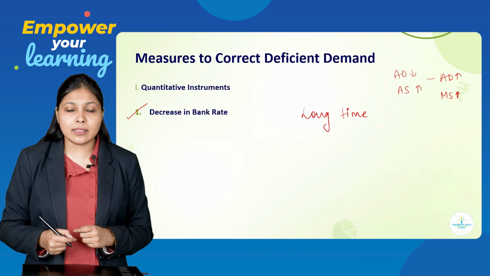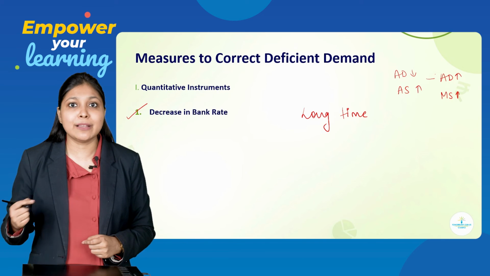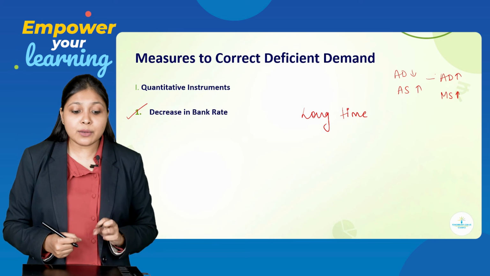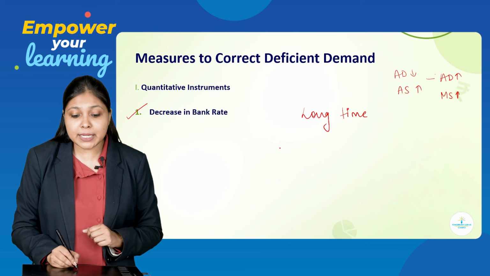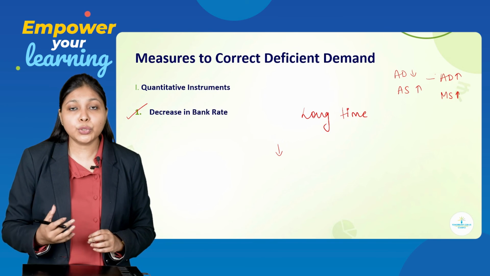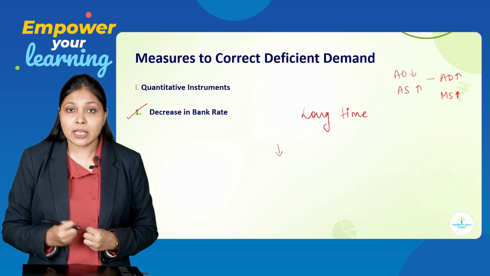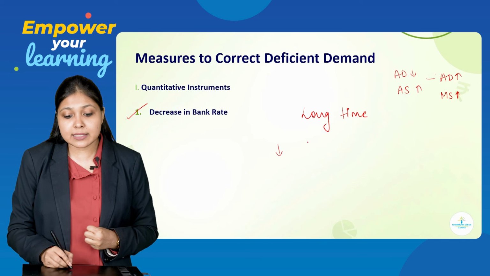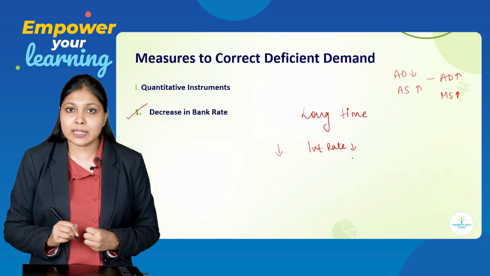That is nothing but the loan provided by the central bank to the commercial bank for a longer period of time. Here the opposite will happen. That means there will be a decrease in bank rate. Central bank will give loans to the commercial bank and will decrease the bank rate. If bank rate decreases, the commercial bank will decrease its interest rate as well.